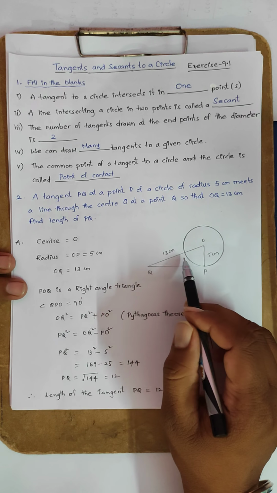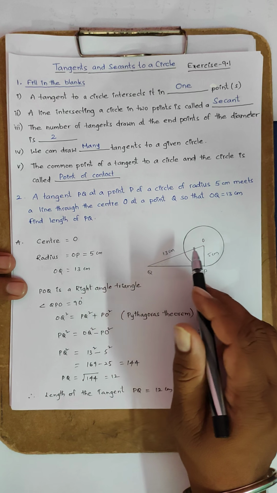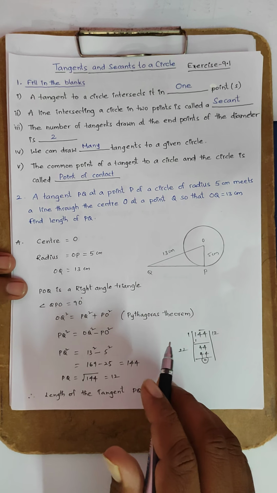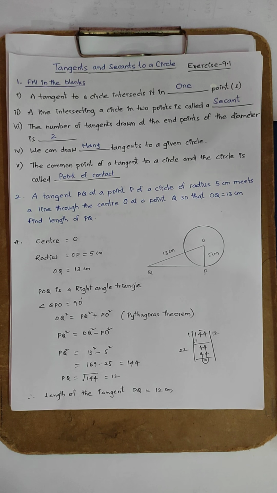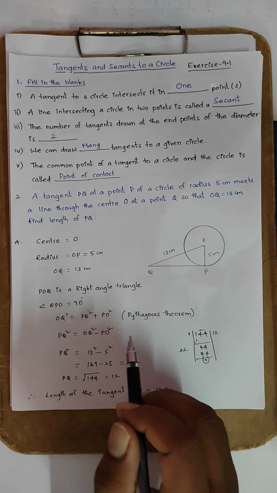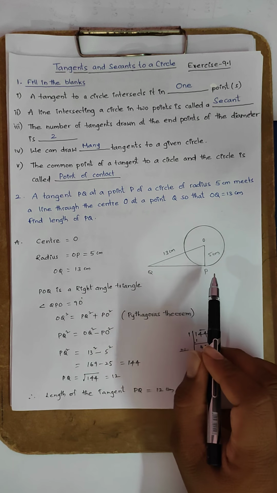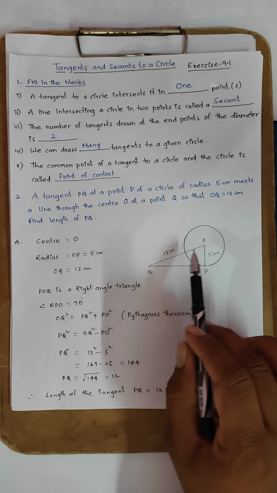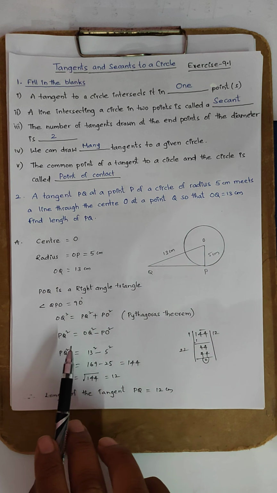Where there is a right angle triangle, we can use the Pythagoras theorem. By the Pythagoras theorem, hypotenuse square is equal to side square plus side square. So OQ square is equal to QP square plus OP square.